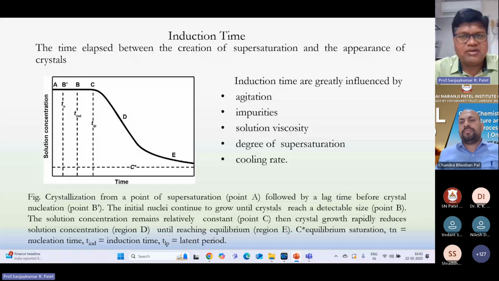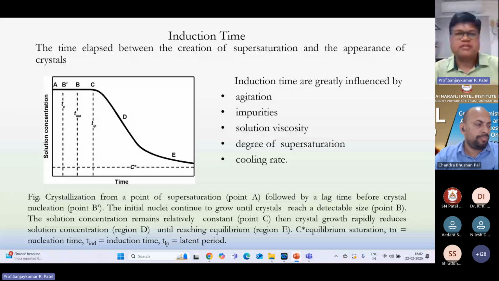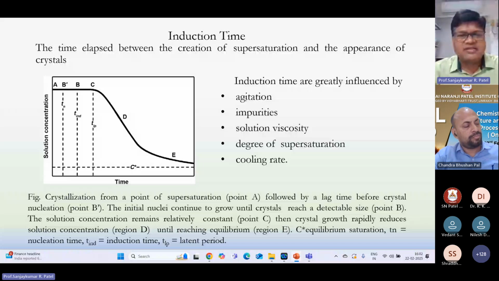So by controlling all of this: agitation, impurities, viscosity, degree of supersaturation, and cooling rate, we can have control over this induction time also. So that is possible.